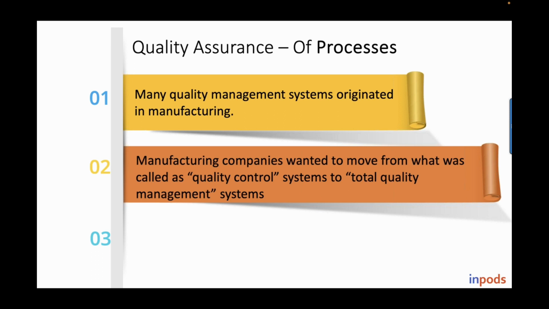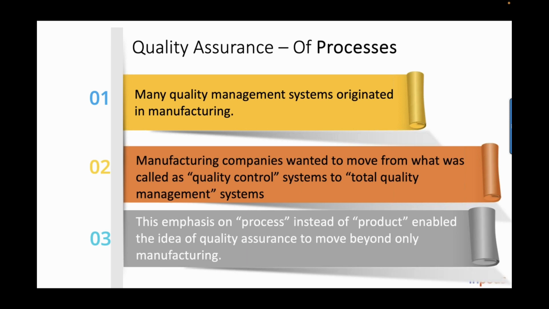They must look at the processes around the product before the product is manufactured or produced. Unless they have control over those processes, the quality of the product cannot be ensured. When they realized that, the concept of quality assurance emerged.